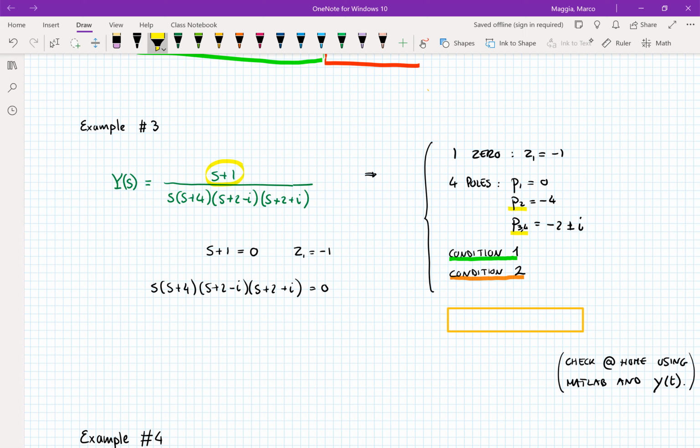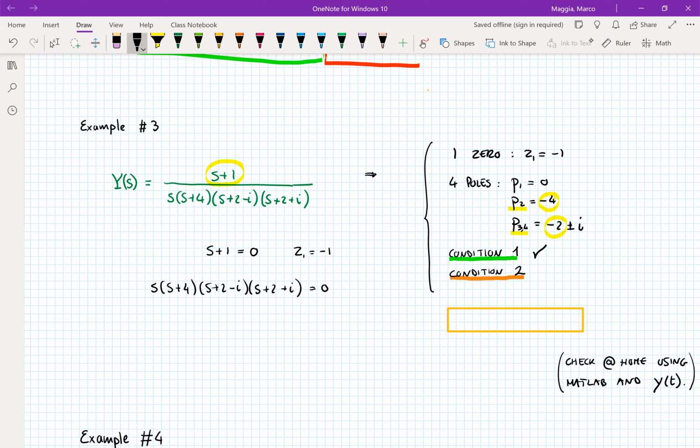So the real part of P2 is minus 4, that's negative, and the real parts of P3 and P4 are minus 2, which are also negative. So condition 1 is met.